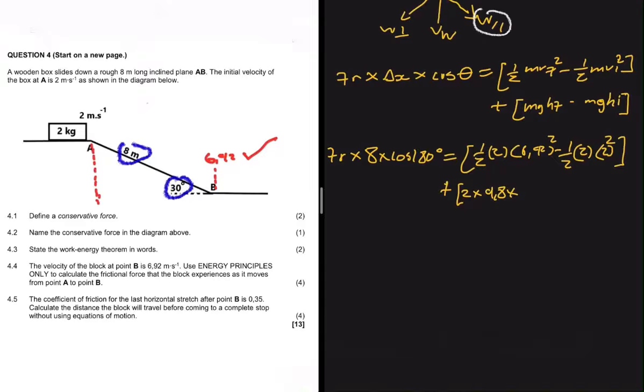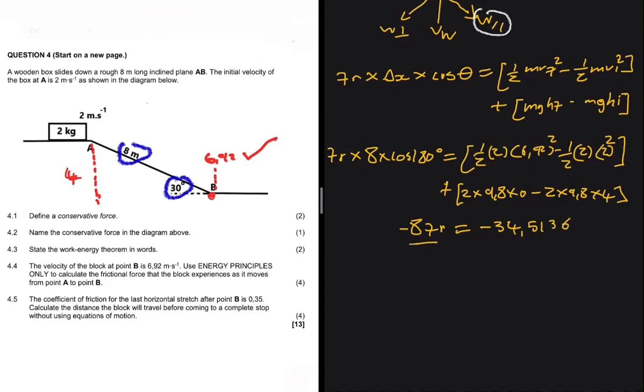So the height final: we're coming from a height of 4, and then we go to B where the height is 0. So the height final is 0, and the height initial is 4. So we get minus 8 frictional force is equal to, and if you compute the right hand side, you get minus 34.5136.